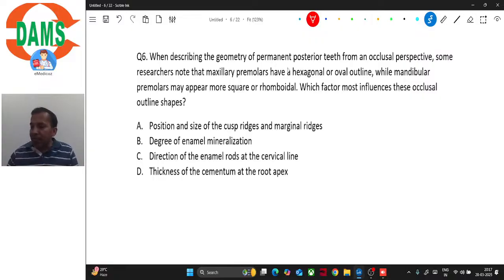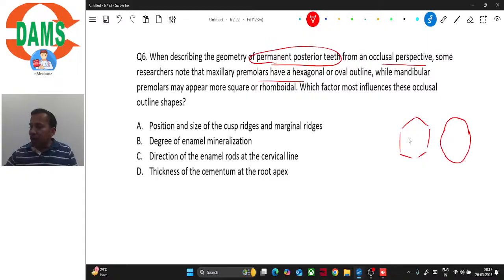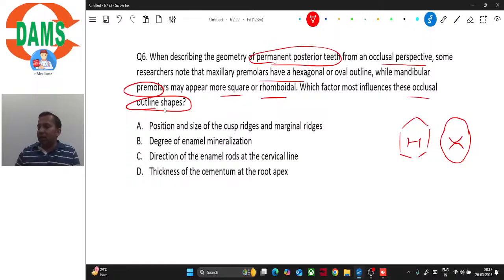When describing the geometry of permanent posterior teeth from the occlusal perspective, some researchers note that maxillary premolars have a hexagonal or oval outline, while mandibular premolars may appear more square or rhomboidal. Which factor most influences these occlusal outline shapes?